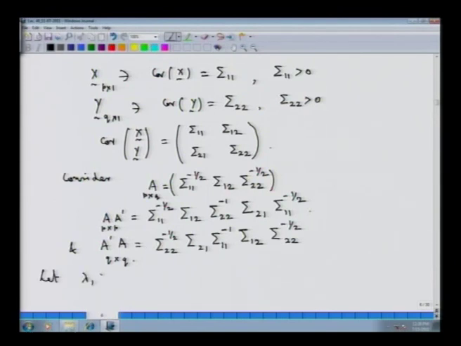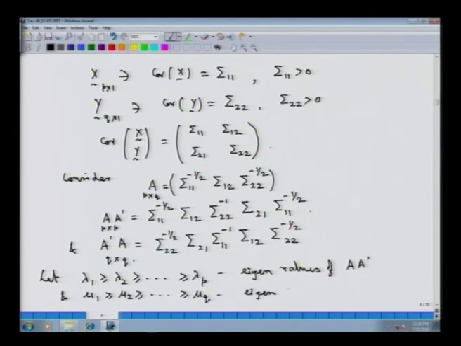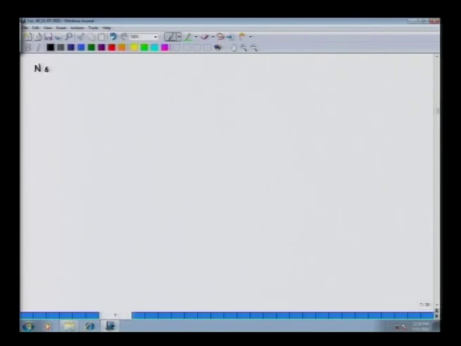Let lambda 1 greater than or equal to lambda 2 greater than or equal to lambda 3 greater than or equal to lambda p be eigenvalues of A A prime matrix, say, and mu 1 greater than or equal to mu 2 greater than or equal to mu q, which are eigenvalues of A prime A, right.